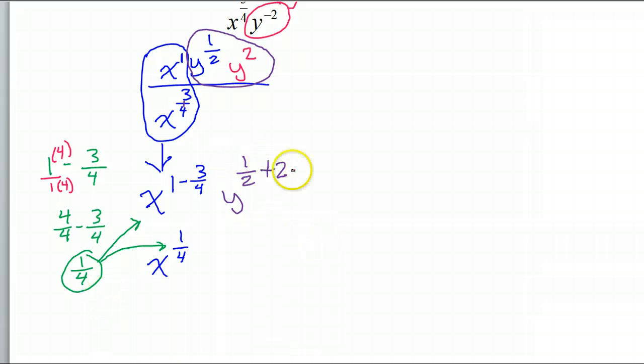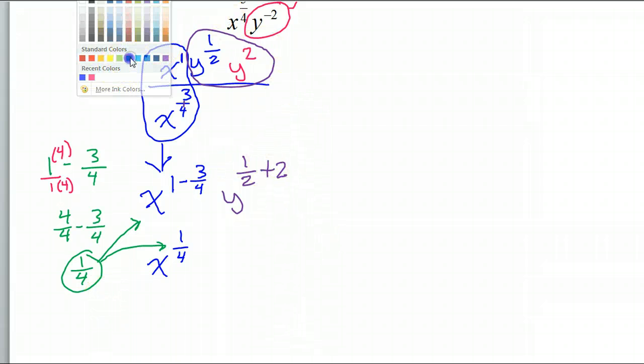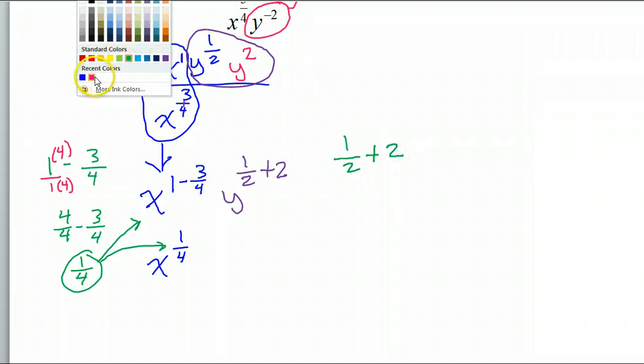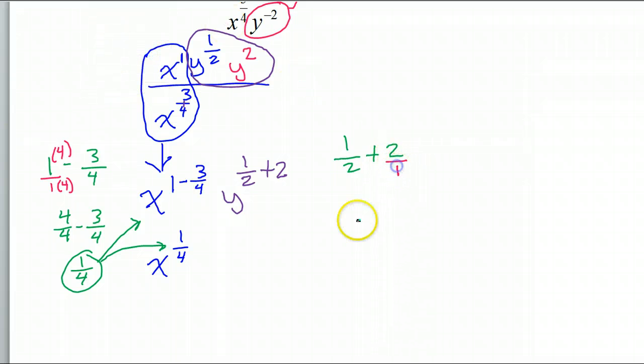Now similarly, let's do the y's. Off to the side, if I do 1/2 plus 2, you can think of that 2 as being like 2 over 1. I need these denominators to be the same, so I can just multiply the top and bottom by 2.